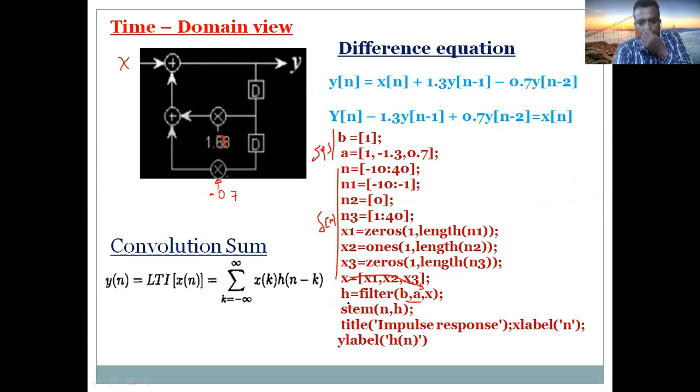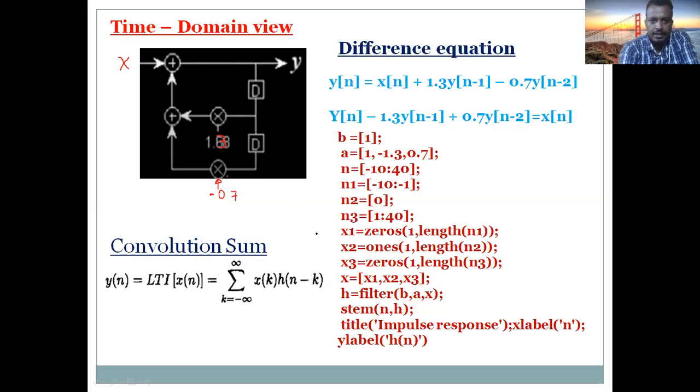B and A is the system. You will get the impulse response H, because the input is an impulse. You can apply any input, no problem, but in this particular case, what I need is the impulse response of the system, so we apply the unit sample, the unit impulse sequence.